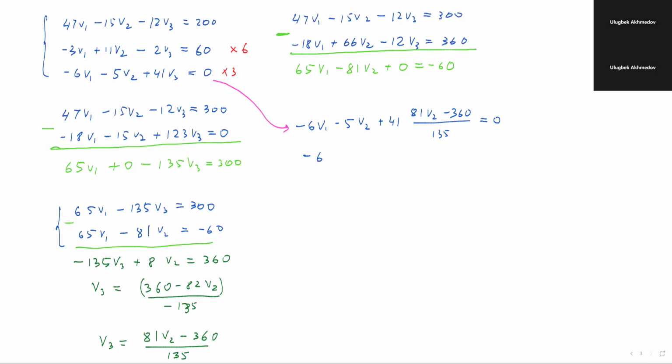So this will be negative 810V1, minus 5 times 135, 675V2, plus 41 distributing over that.